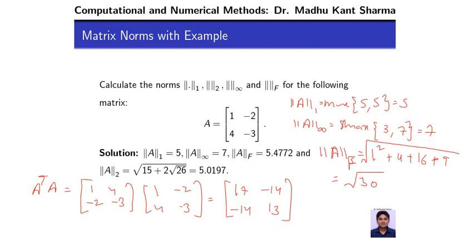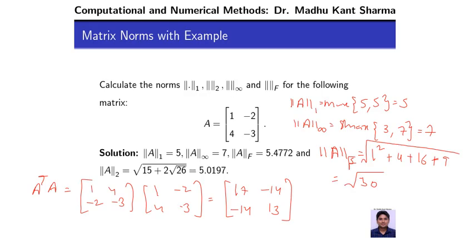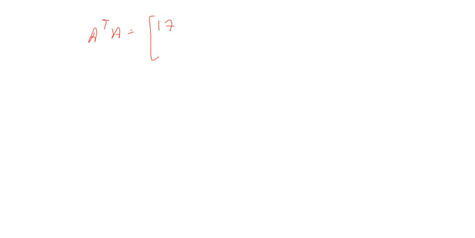Now you are supposed to find all the possible eigenvalues of this matrix. So A transpose A is 17, minus 14, minus 14 and 13.